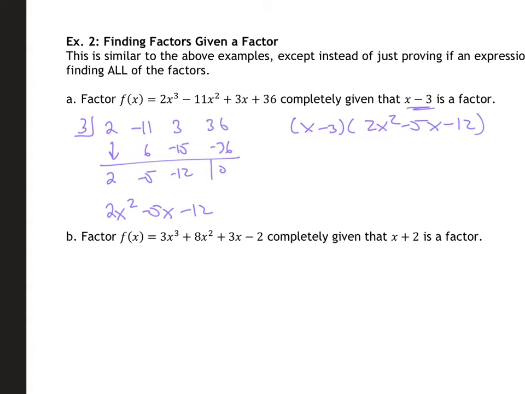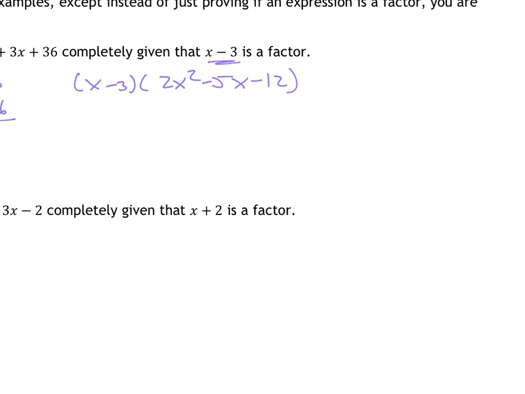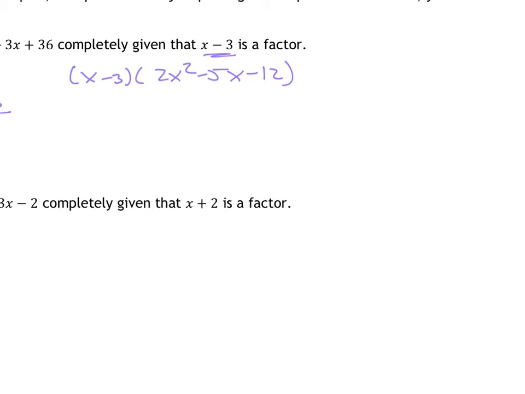So what I have to do to factor this completely is take this other trinomial and factor it. So -12 times 2 is -24. That gives me -5. So that's going to be a -8 and a 3. So I got an x minus 8, x plus 3. Since I multiplied it by 2, got to divide it by 2.